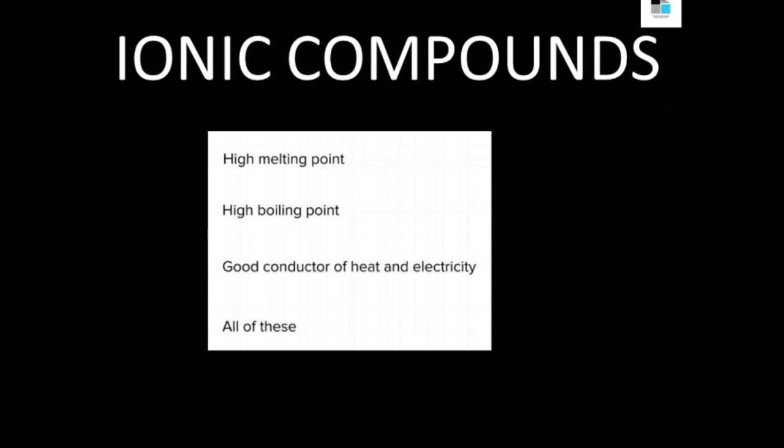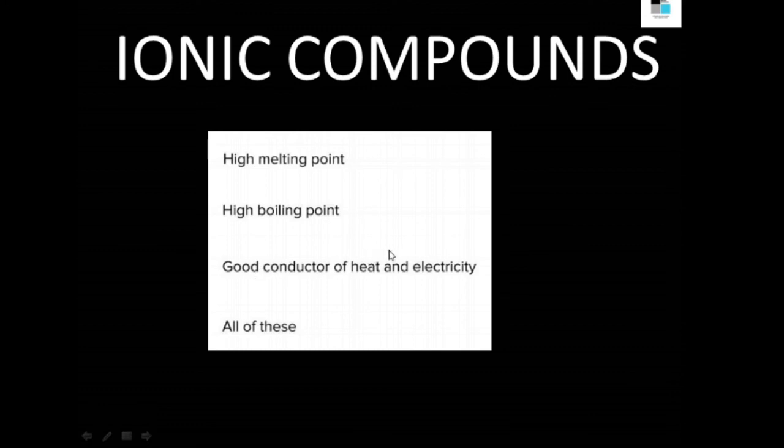So the force of attraction between them is so strong that it requires high melting as well as high boiling point to break such a huge attraction. It requires that much heat to break such a strong bond.